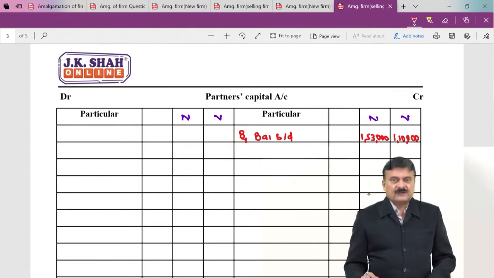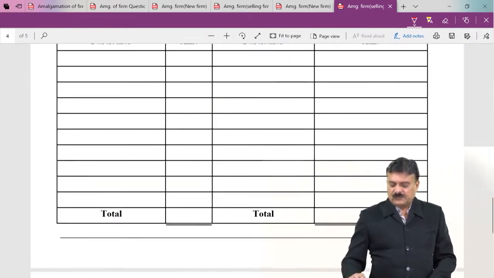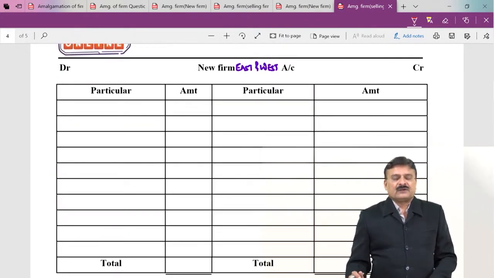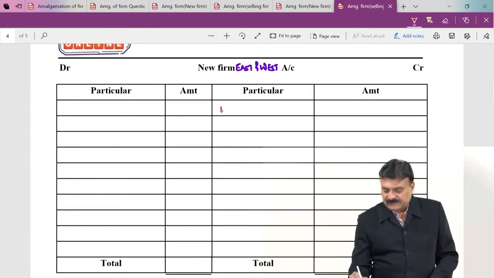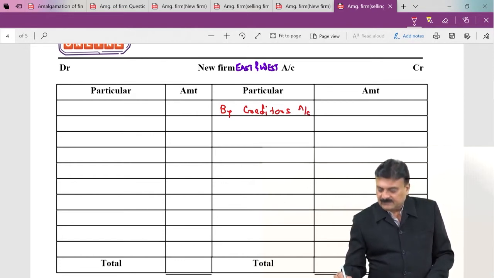So, I will show these creditors to be taken over by the new firm. When new firm is taking over creditor, my entry will be creditor account debit to new firm. So, it will be on the credit side by creditors account. How much? 52,000.